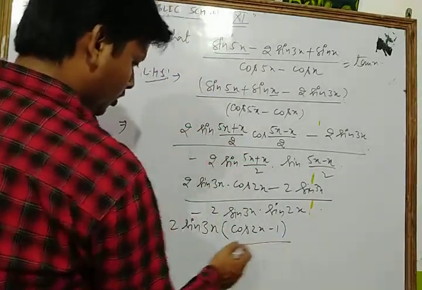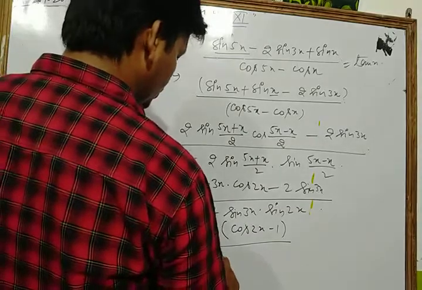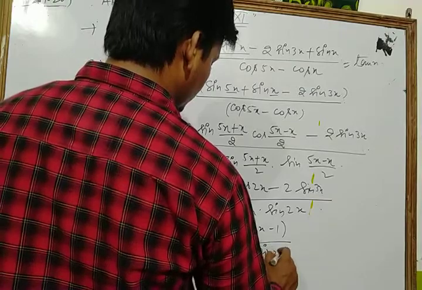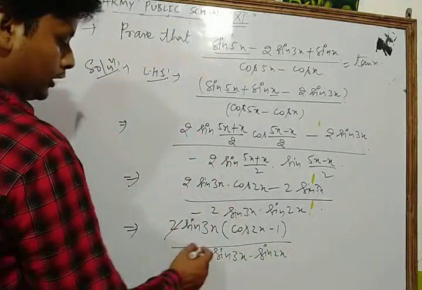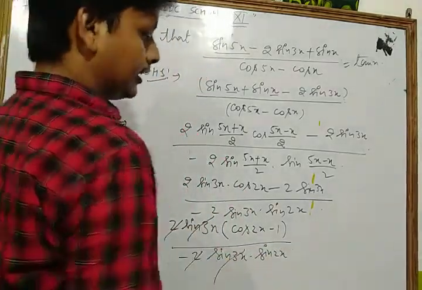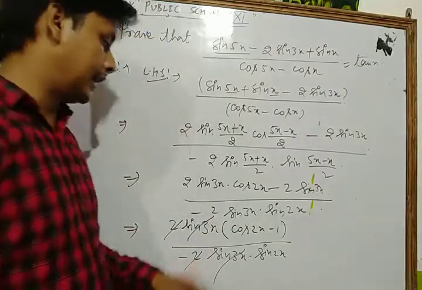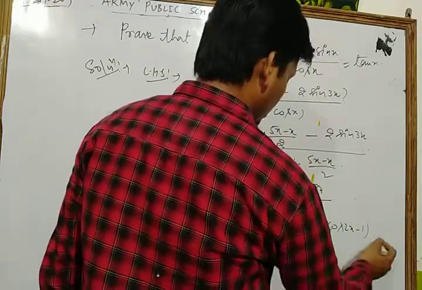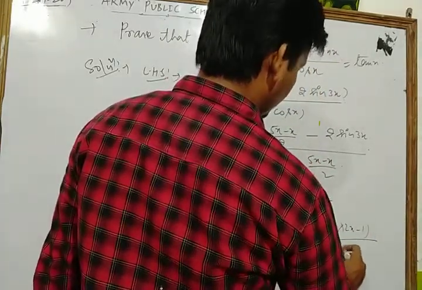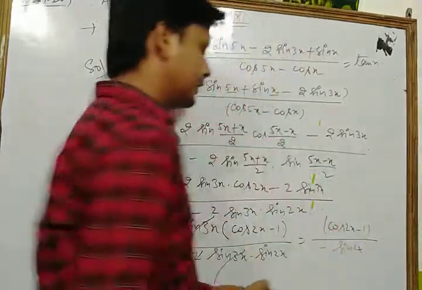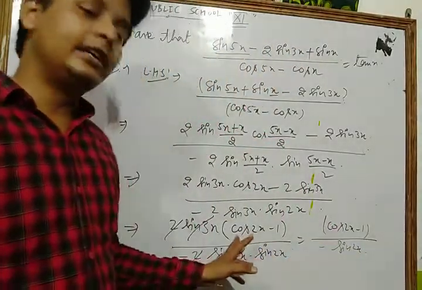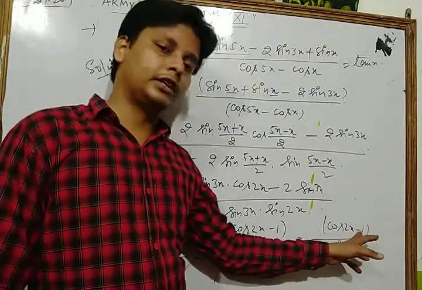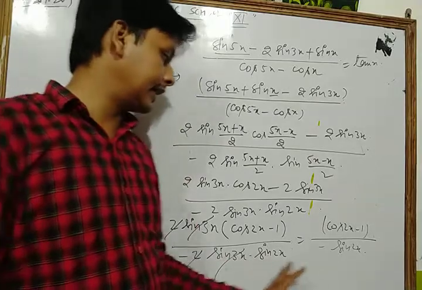Upon, in the denominator we have minus 2 sin 3x into sin 2x. So the 2 cancels, and sin 3x also cancels, and what I get is (cos 2x minus 1) upon minus sin 2x.